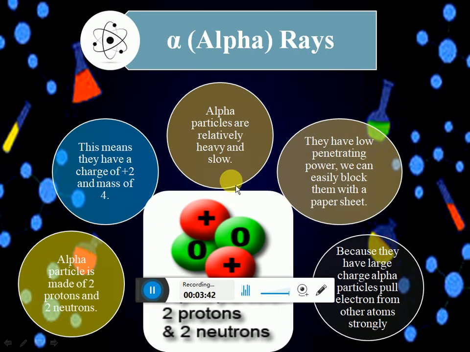As compared to beta and gamma rays, alpha particles are a bit heavy and move a bit slower, and they have very little penetrating power. If you put a piece of paper or a sheet in front of alpha rays, they can be blocked. Alpha rays cannot pass through it.